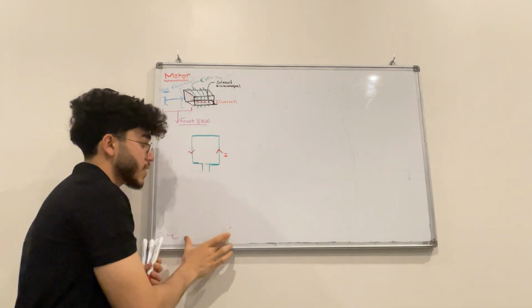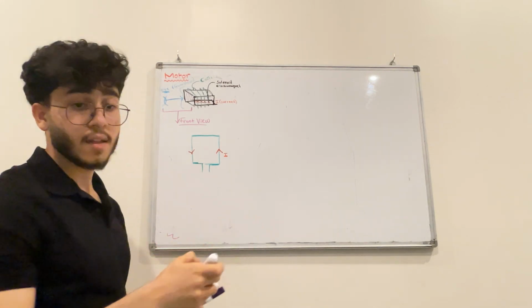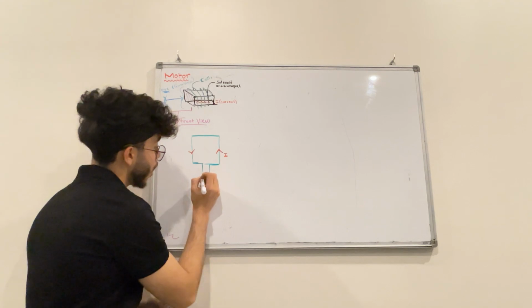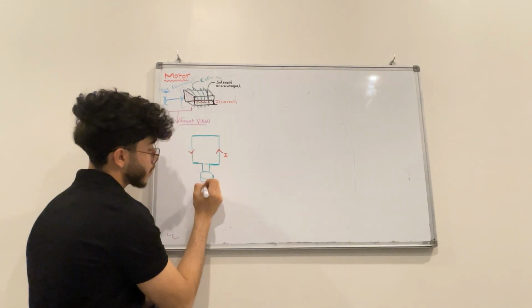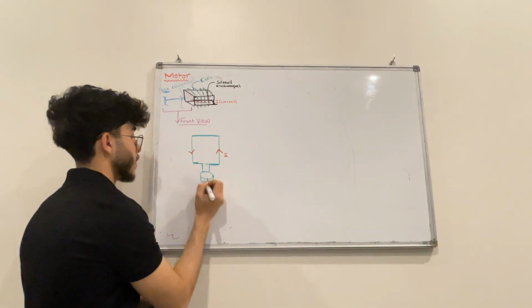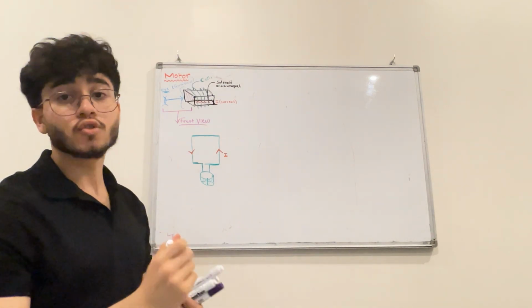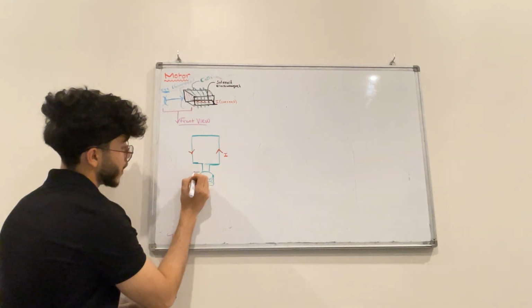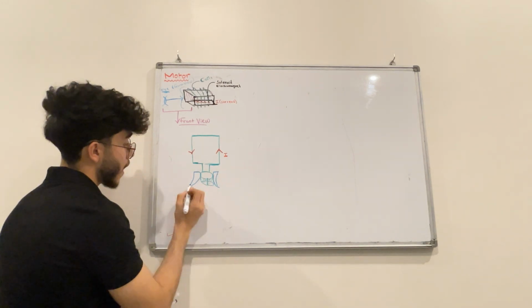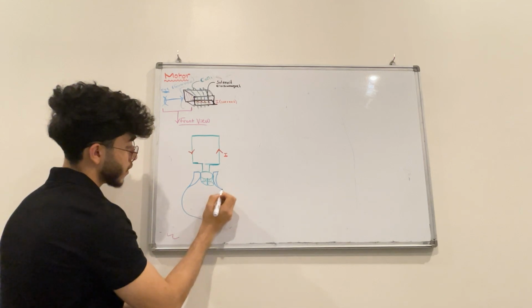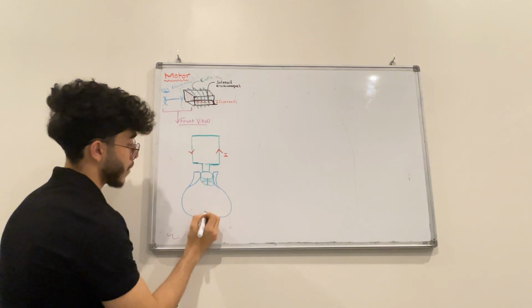What are other parts? Now let's see the other parts of the electric motor. The one that I'm going to connect right now, we call this part the commutator. The commutator is connected to brushes. So the commutator has brushes connected to it, and both brushes are connected to a power supply or a battery somehow.